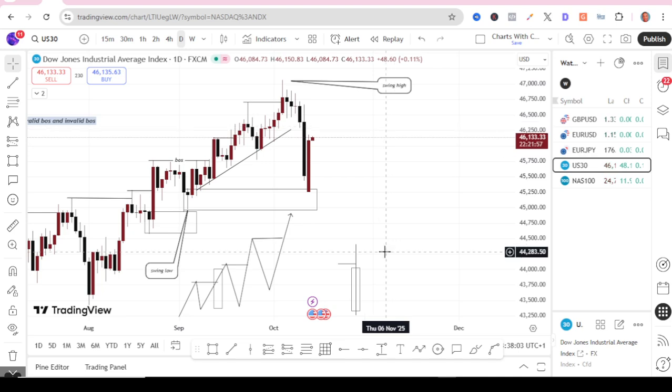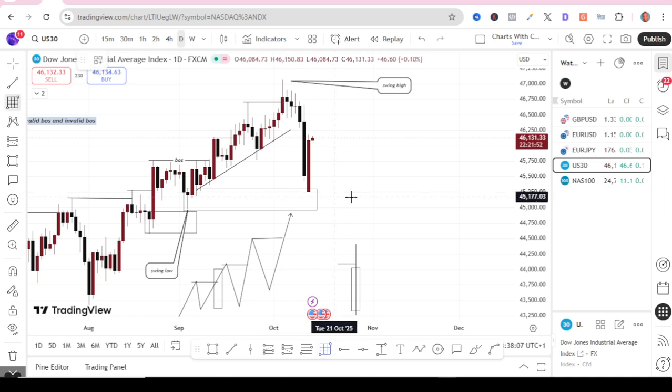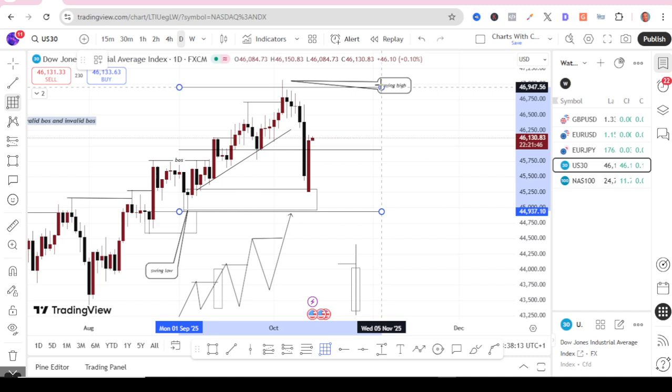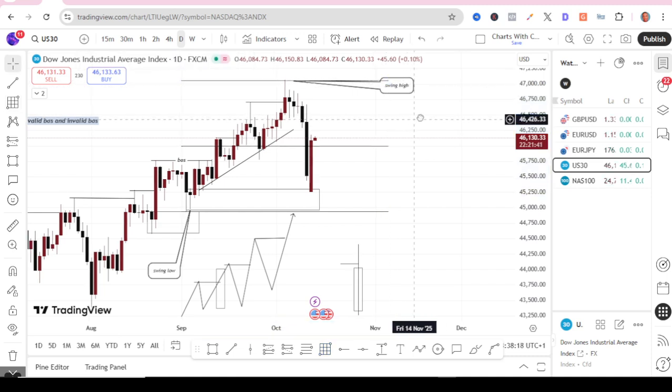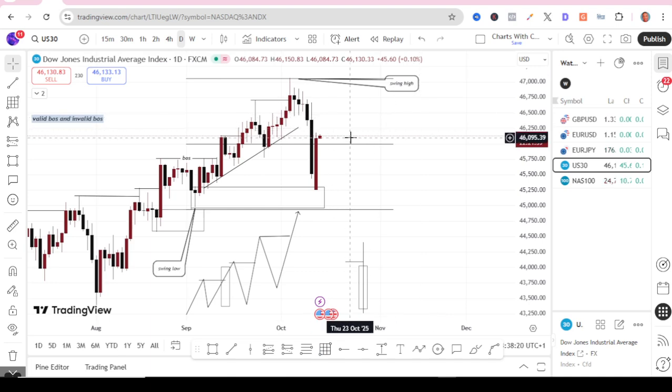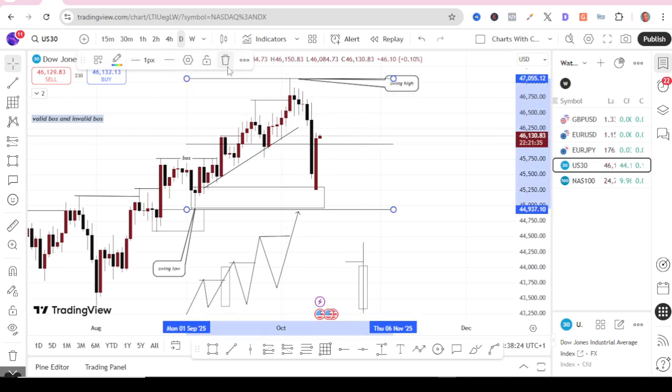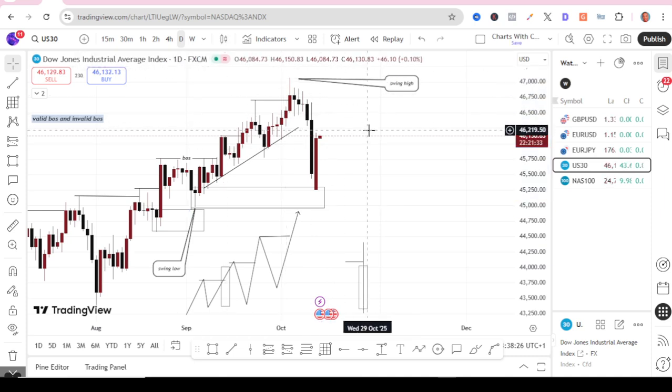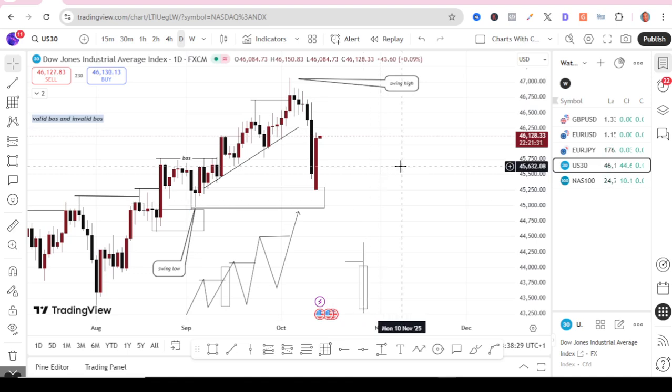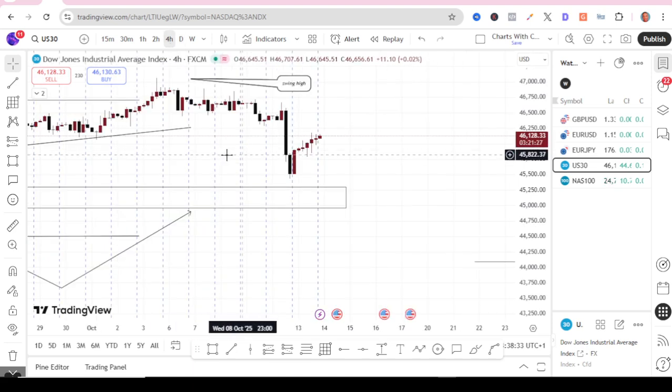If you also check with your fib level, I actually use gann box, you can also use a fib level. If you check the discount and premium, you discover we are actually at the premium level from the daily time frame. So you would want to wait for price to come back to the discount to continue your buy to the upside. So let's go to the 4-hour time frame.